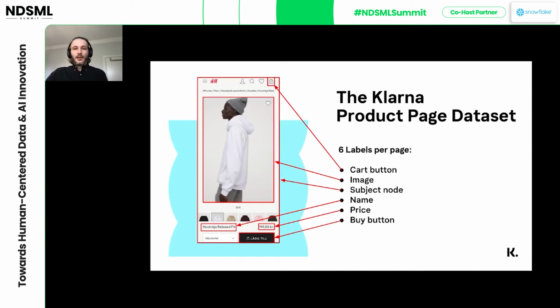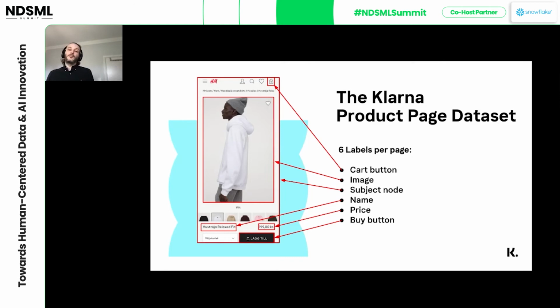page. Each of these tasks relies on a different amount of contextual information to correctly predict the required element. The buy button, for instance, is usually quite self-contained and does not require algorithms to interpret what's around it too much, to a large extent. For the subject node, however, the story is quite the opposite.